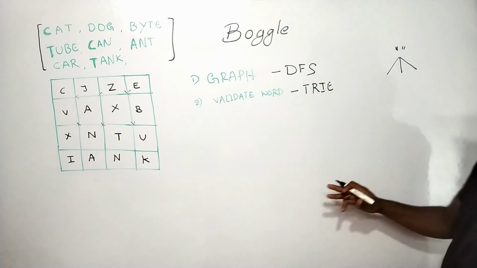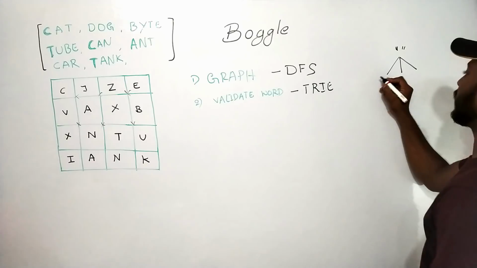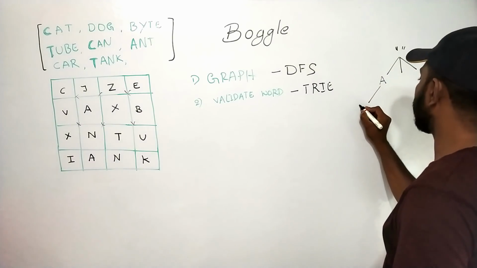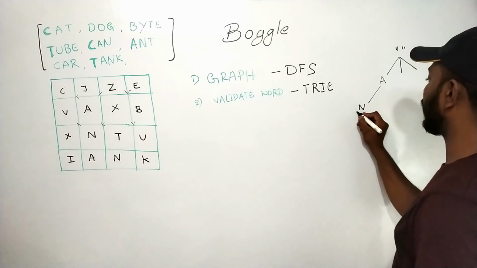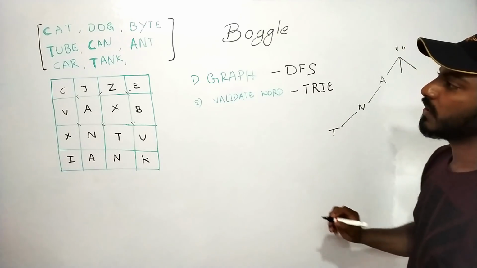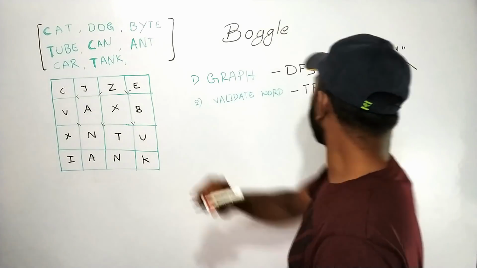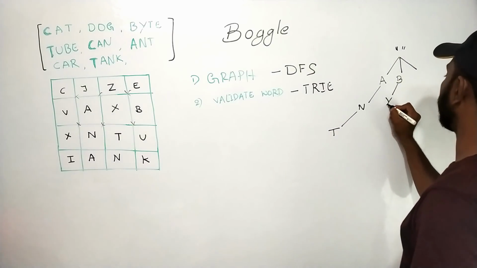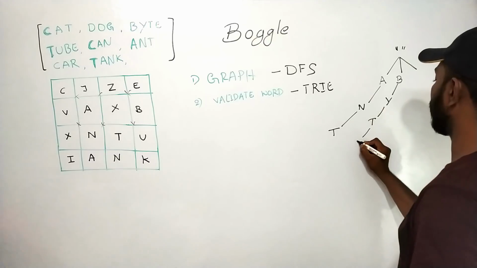We have a word starting with A, ant, that is A, and then N, and then T. We have another word which starts with B, there is only one word, B, Y, T, and then E.